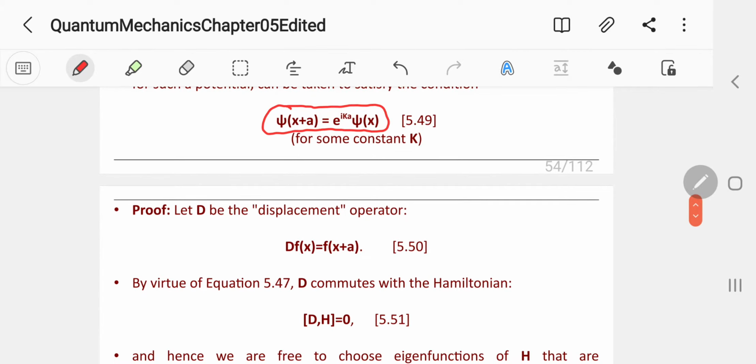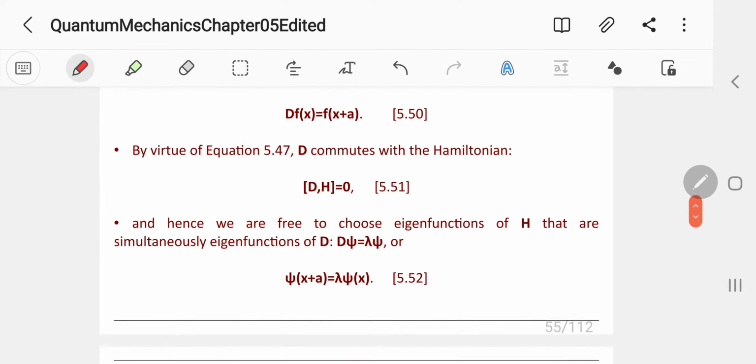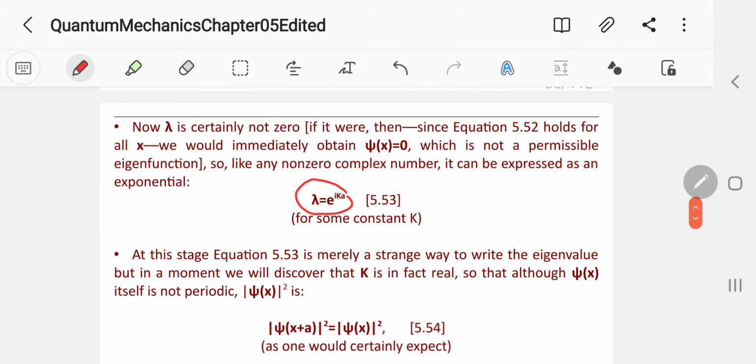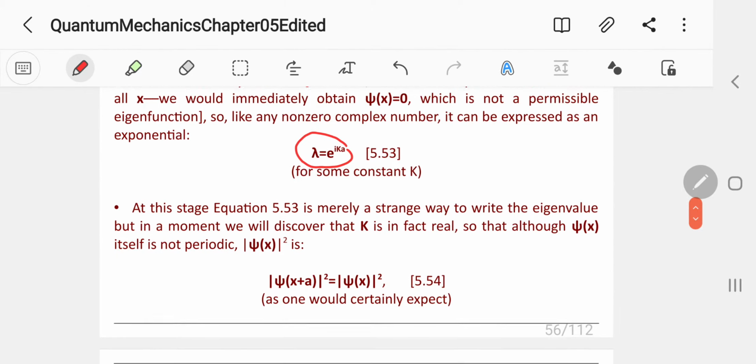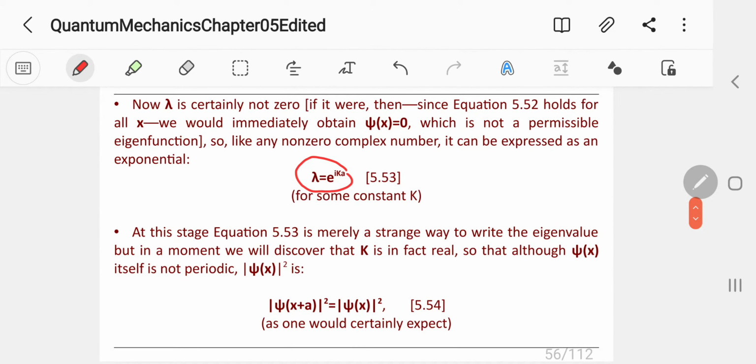Well, the potential has the behavior that when you add a regular spacing, the potential remains the same. So of course, your wave function, so that's the probability.